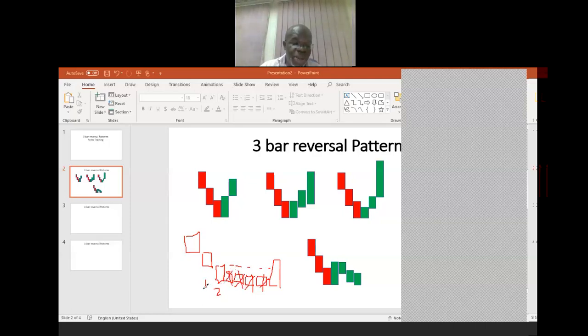So this becomes candle 1, 2, and this becomes your trigger. So you wait to enter there. And the same thing when it's going down.